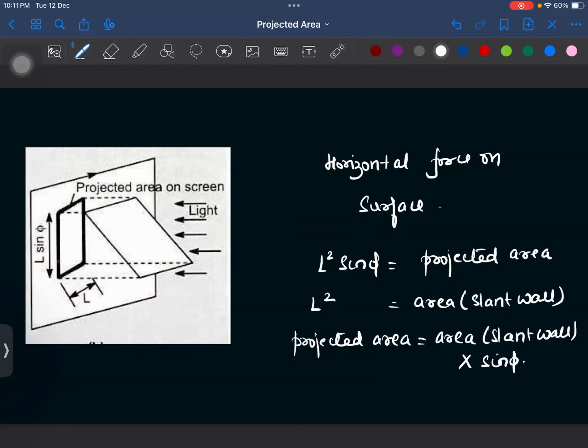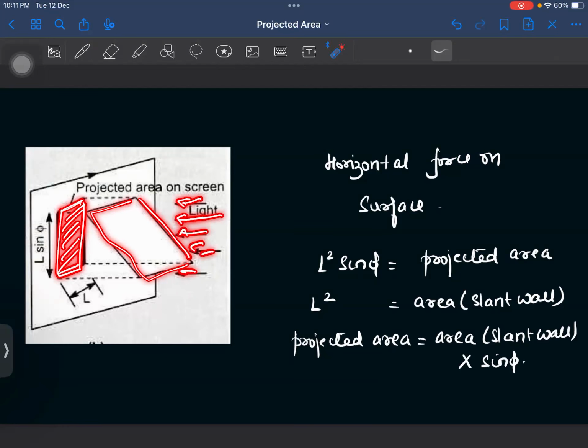So as a shortcut to find out the horizontal forces, instead of dealing with this slant surface, we deal with the shadow of this surface if a horizontal light is falling on it. And we simply multiply the average pressure with the area of that wall. Now let us see how this can help us in solving very complicated questions.